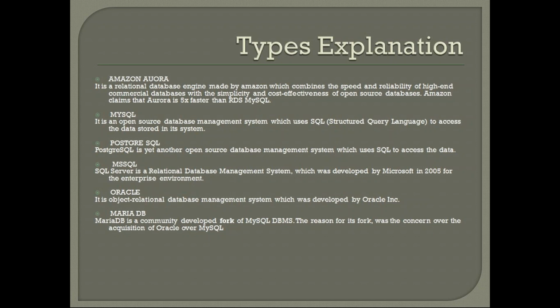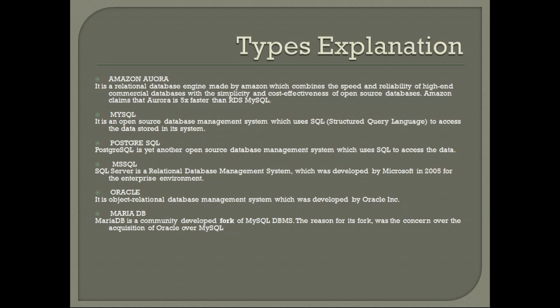Then the next database we get from AWS is MySQL. MySQL is also an open source database management system which uses SQL. SQL is nothing but structured query language to access the data stored in its system. Using queries, we'll be inserting data and retrieving data from the SQL servers.